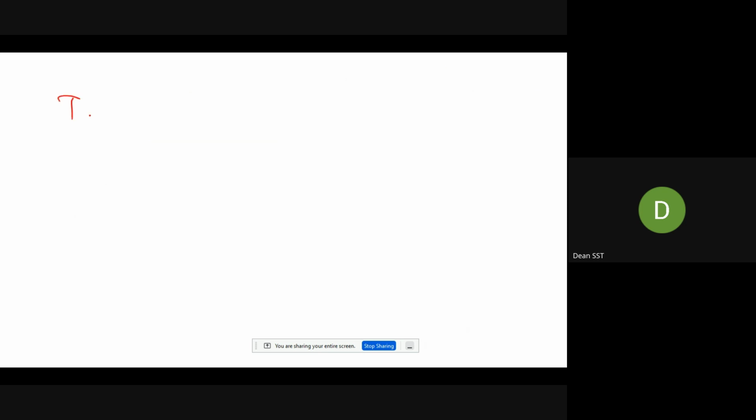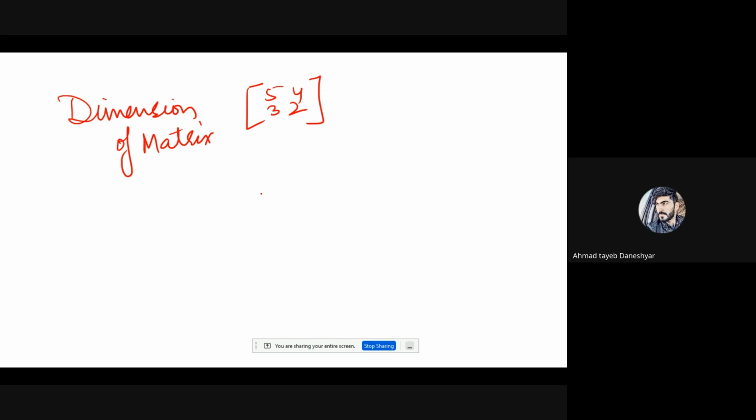What do you know about the dimension of a matrix? Suppose 5, 4, 3, 2. What is the dimension of this matrix? We have dimensions like the number of rows and number of columns. How many rows? 2. How many columns? 2.